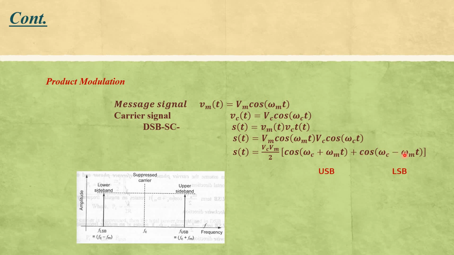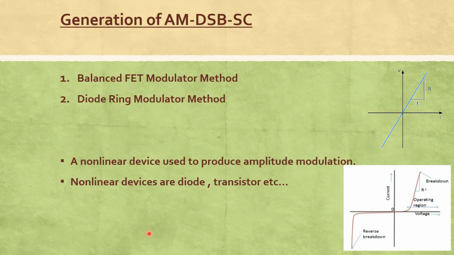Two different frequency components are available. One is called upper sideband, another one is lower sideband. The carrier frequency is missing in this equation. So after multiplication of the two signals, you will get only upper sideband and lower sideband. The corresponding spectrum consists of upper sideband and lower sideband, with the dotted line representing the suppressed carrier.